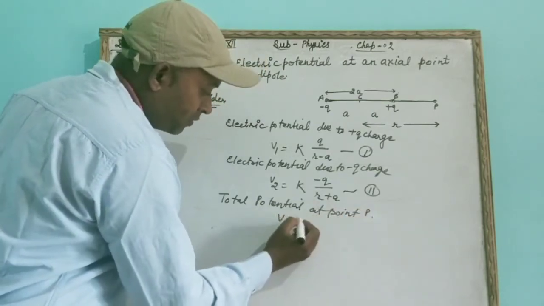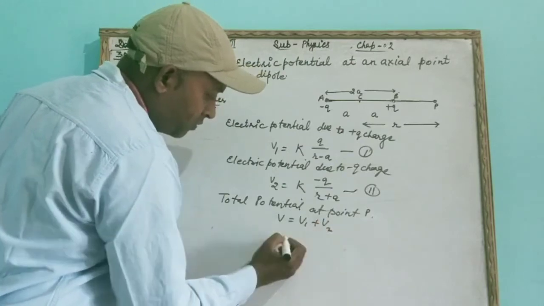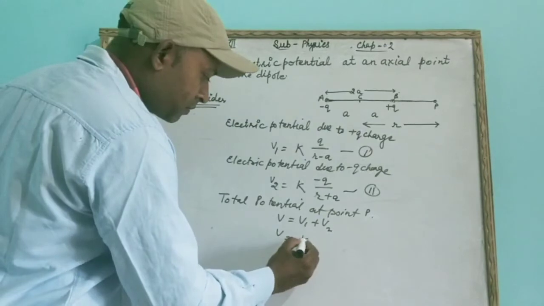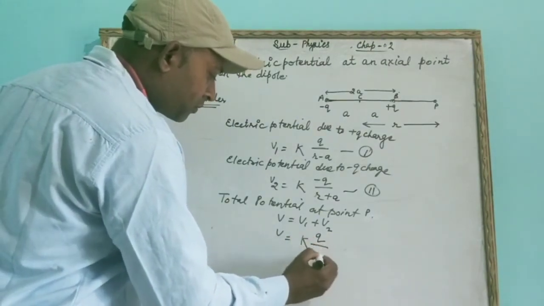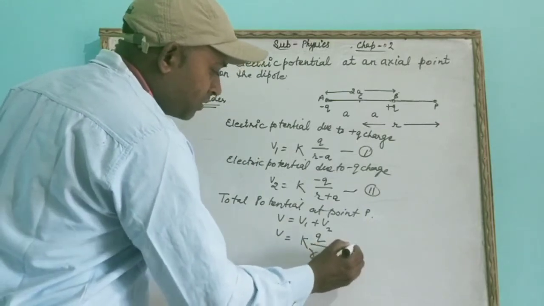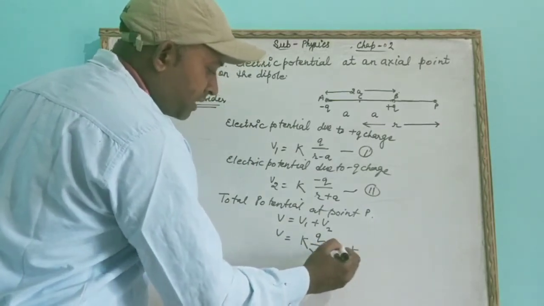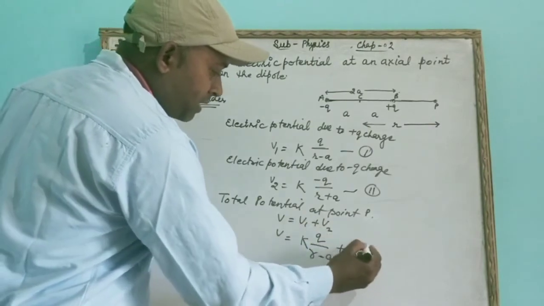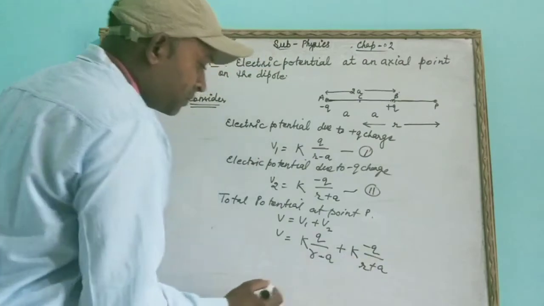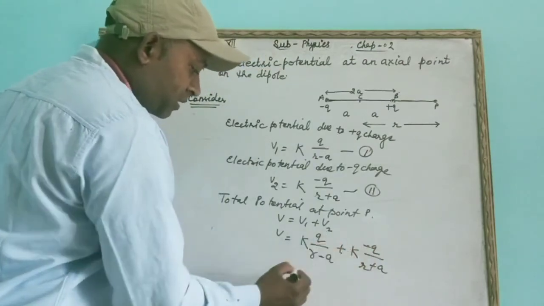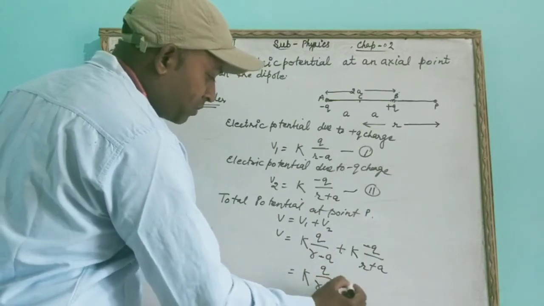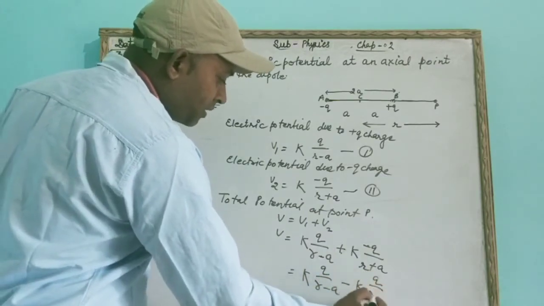So V is equal to V1 plus V2. The value of V1 is kQ upon r minus a, and the value of V2 is minus kQ upon r plus a. This is V equal to kQ upon r minus a minus kQ upon r plus a.